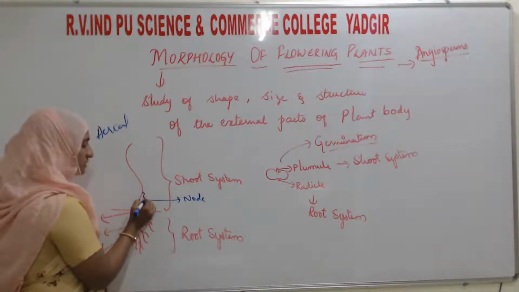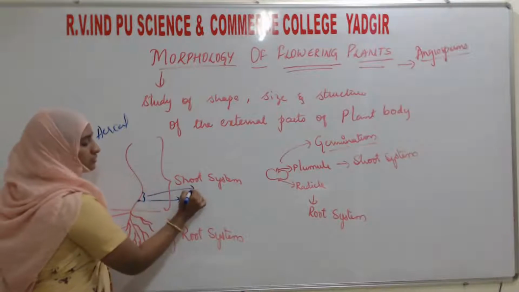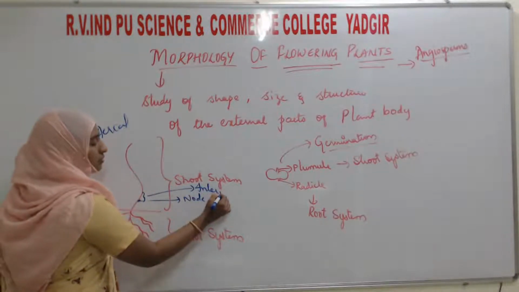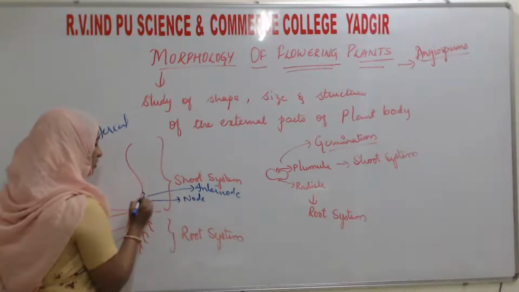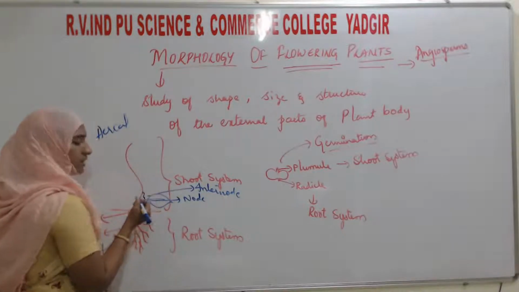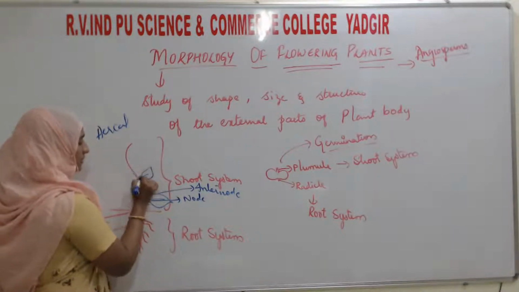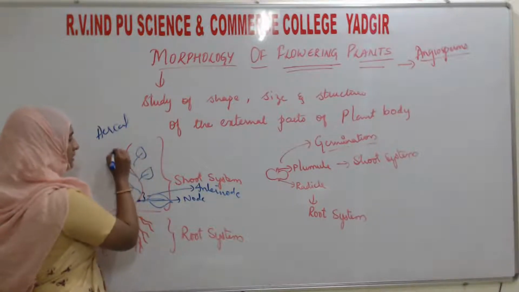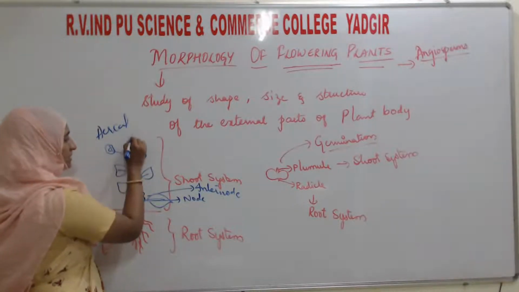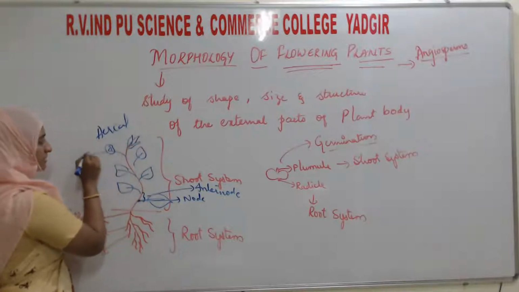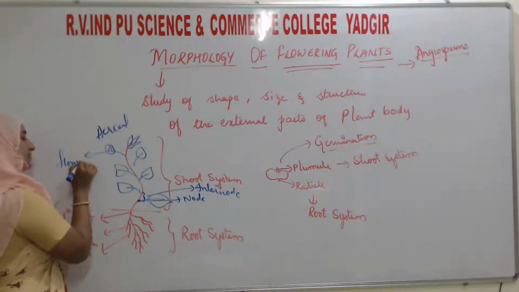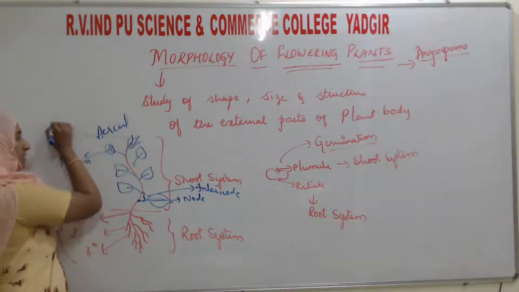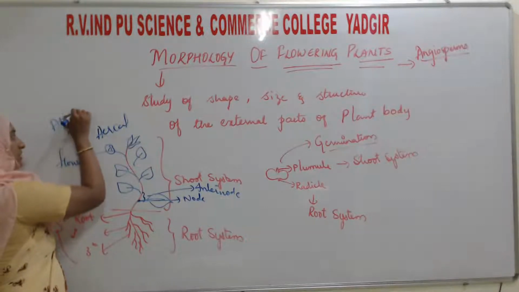The distance between two nodes is known as the internode. These nodes give rise to the leaves. These all are the leaves. Then there will be some flowers and apical buds. These are the flowers. These are the apical buds.